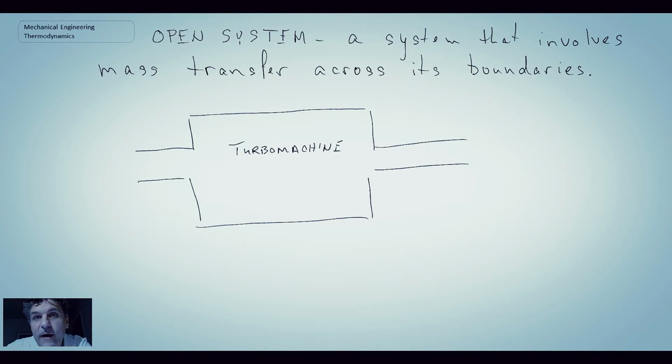Just like with the fixed mass system, we have the boundary. Here we're going to draw another boundary. However, this boundary is a little different because mass actually can cross that boundary. And we refer to that as being the control surface.